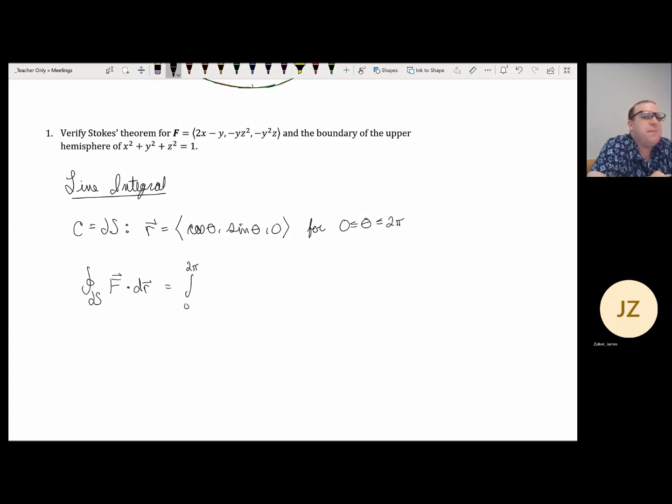Now, circulation along that boundary, integral from 0 to 2 pi, evaluate F along the parameterization. Oh, wait, what am I doing? It's times z squared. Now, dotted with r prime.